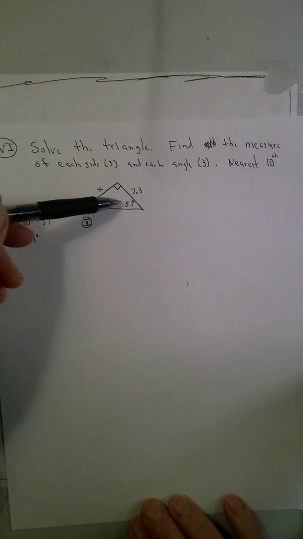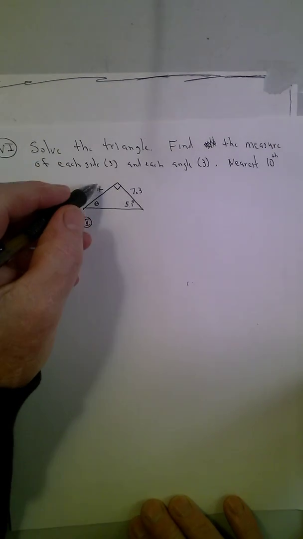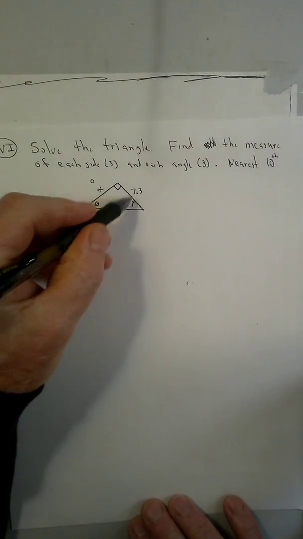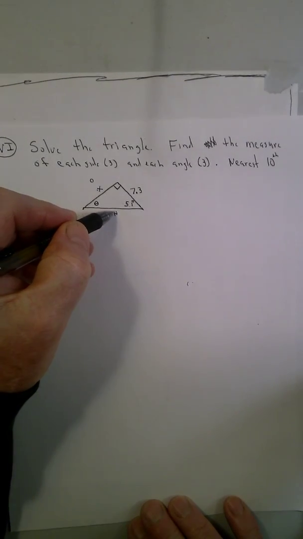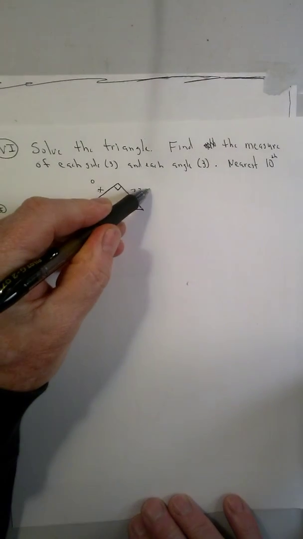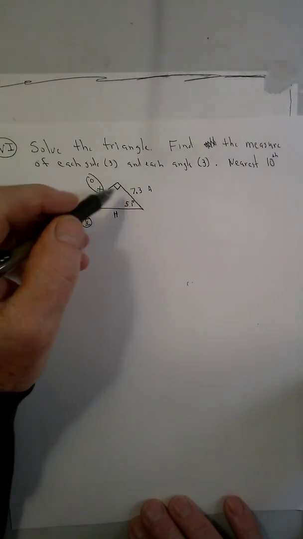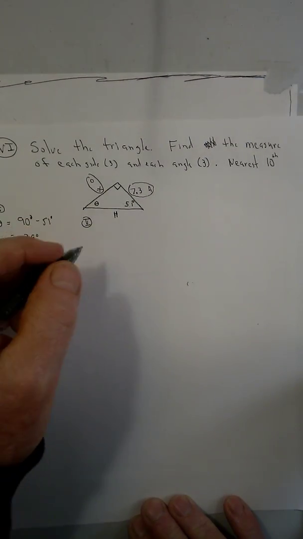So let's see, we'll use this guy here. Okay, so this is the opposite for this one. And let's see, there's the right angle. So this is the hypotenuse always. And that's going to be for 51, this is the adjacent. So opposite and adjacent are the 2 that I know.